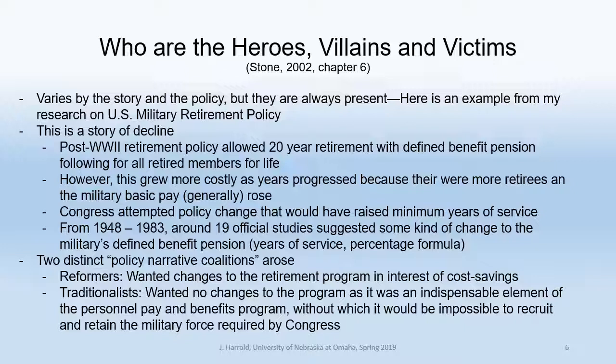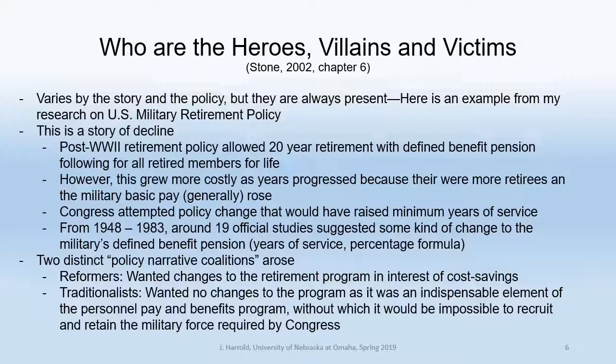So during this time, in an increasing manner, because it was getting more expensive, what I would call policy narrative coalitions arose. One was called the Reformers. They wanted changes to the retirement program in the interest of cost savings.